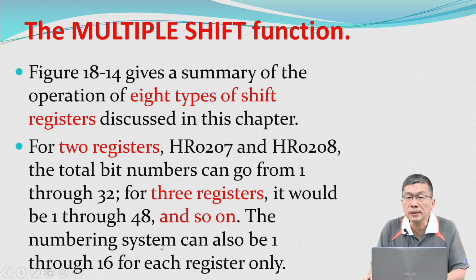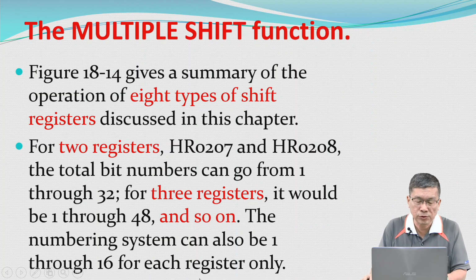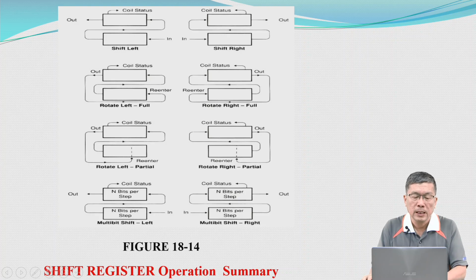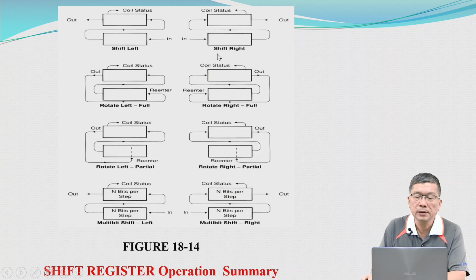The number system can also be 1 through 16 for each register only. This picture shows the shift register operation summary: shift left, shift right, rotate left full, rotate right full, rotate left partial, rotate right partial, multiple shift left, multiple bit shift right.